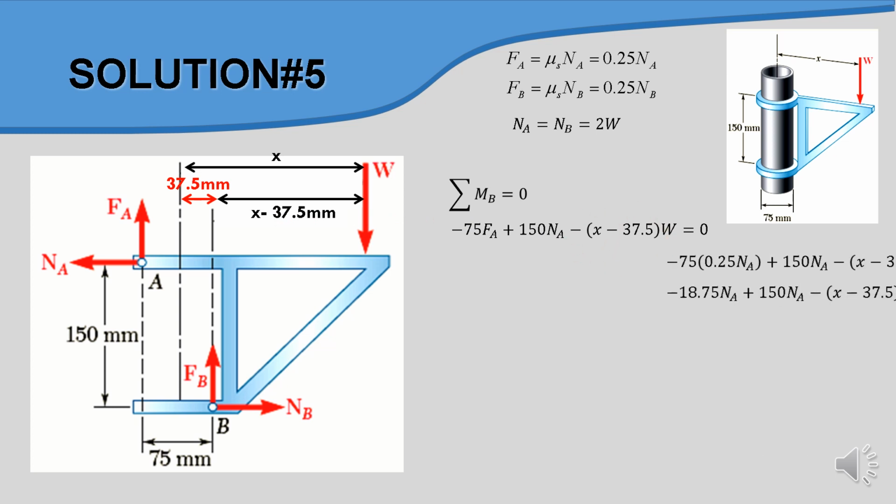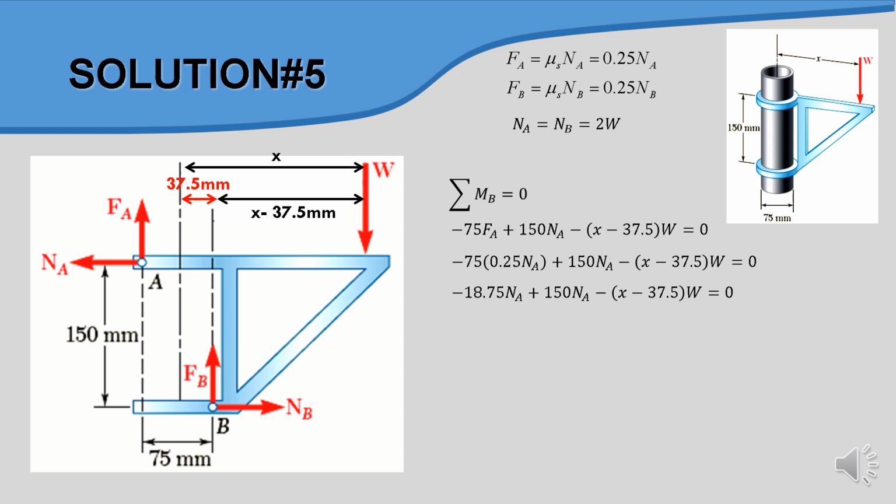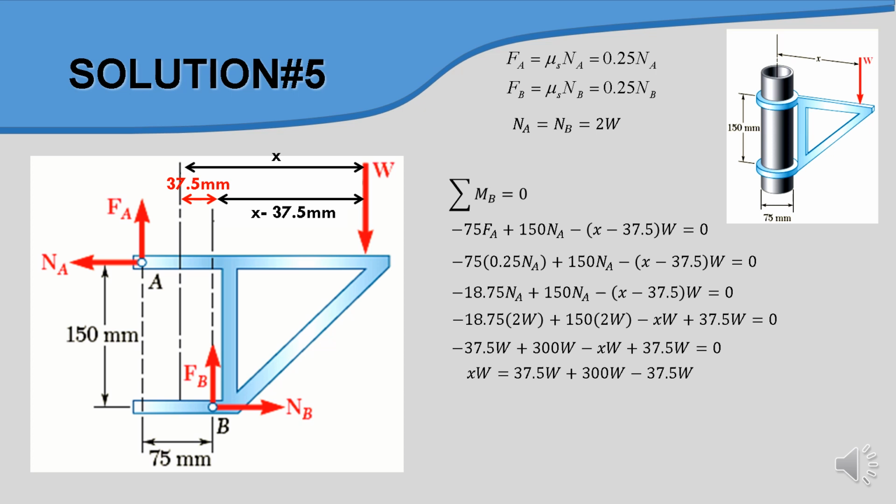And then we make a substitution of FA, substitute the value, and we have the terms of NA and W. We simplify, and finally we substitute the value of NA, which is 2W, and also NB is equal to 2W. So we substitute this value, and finally we have an equation like this.